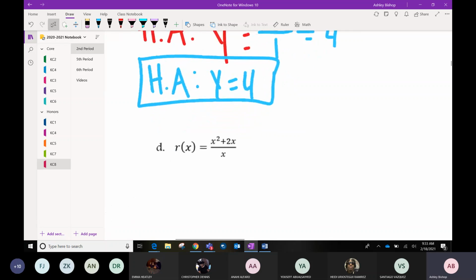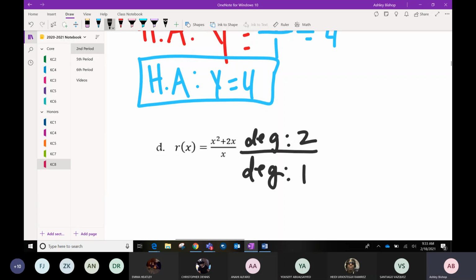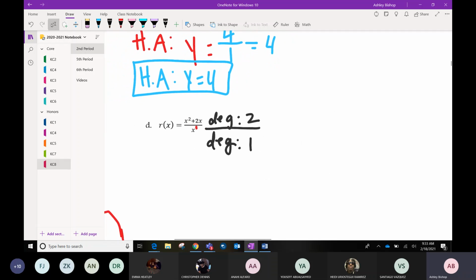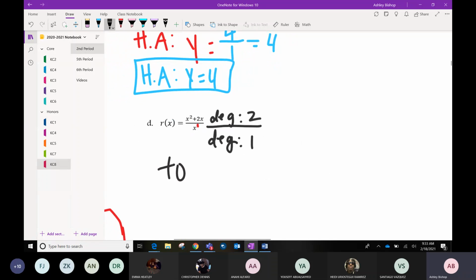Alrighty, and then my last one, I have a degree of 2 on top, and I have a degree of 1 on bottom, right? Anytime there is no exponent, there's an exponent of 1 there. So the bigger degree is on top, so the top is greater than the bottom.